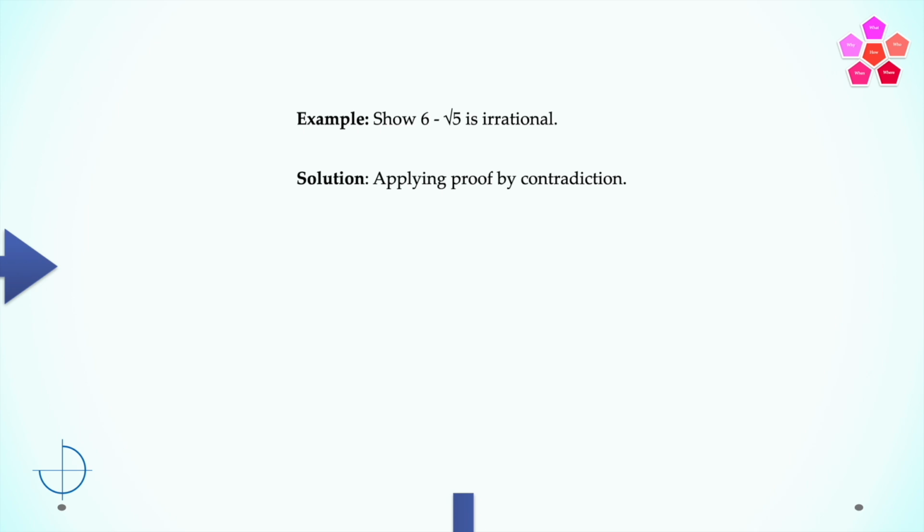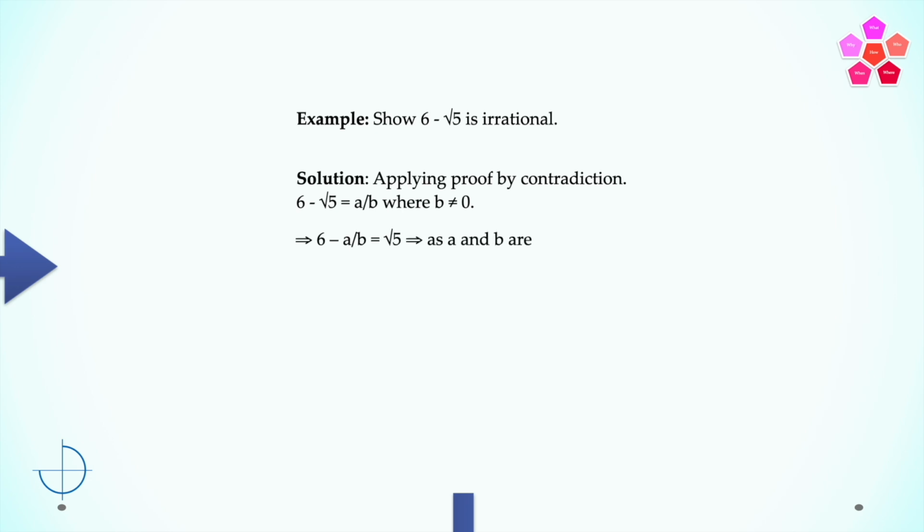Again, let's assume that 6 minus root 5 is a rational number and that it can be expressed in the form of a by b or p by q. Here, for convenience, we are taking a by b, where b is not equal to 0, which implies that 6 minus a by b is equal to root 5.